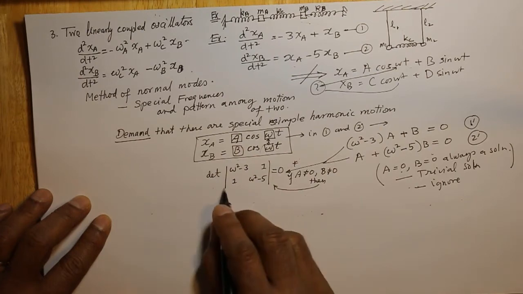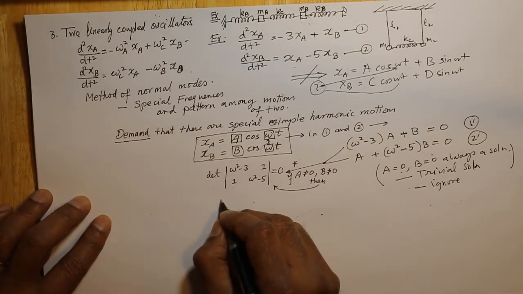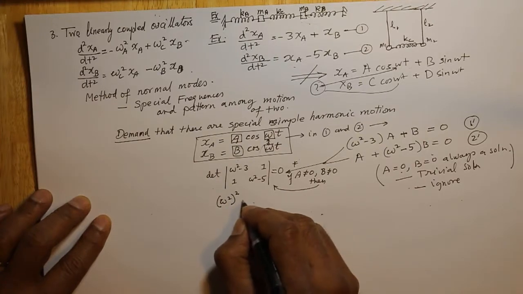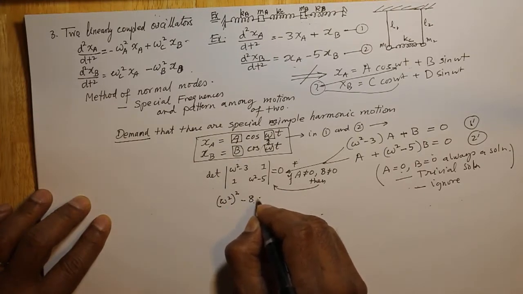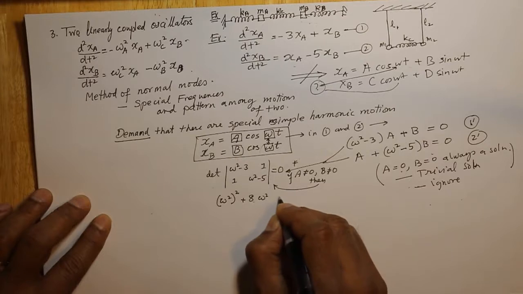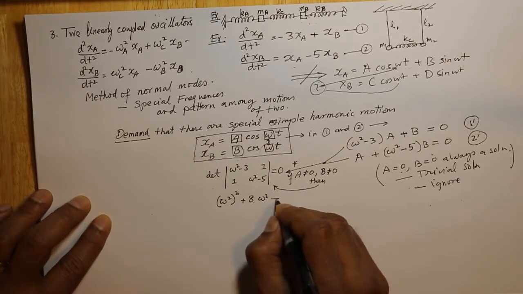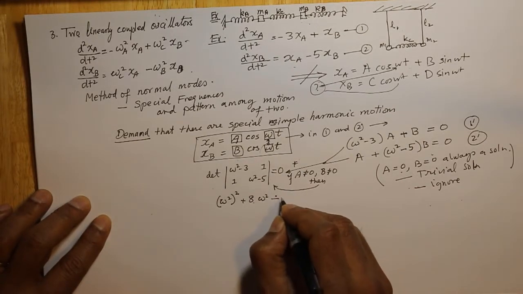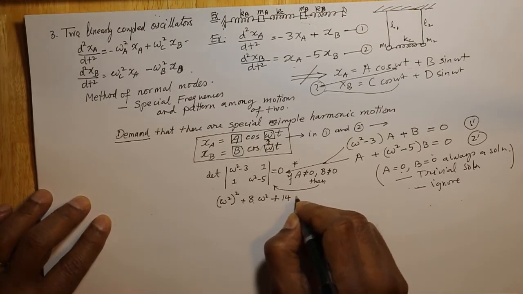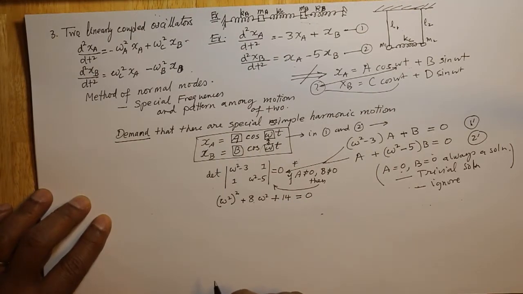So when you expand this, it is omega to the fourth minus 8 omega squared plus 14 equal to 0.